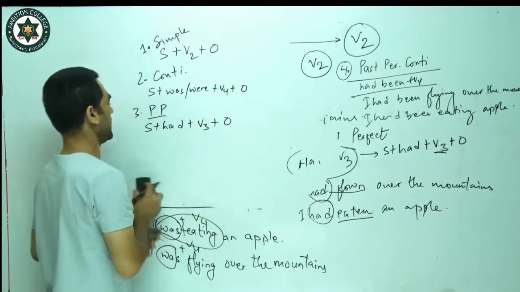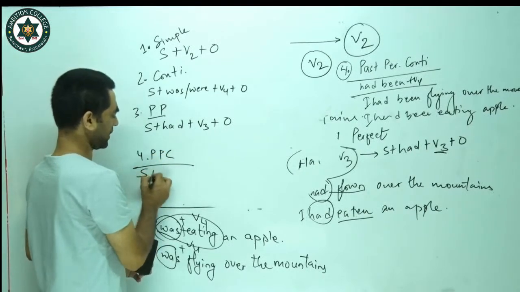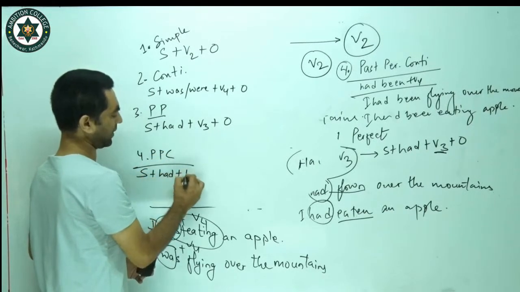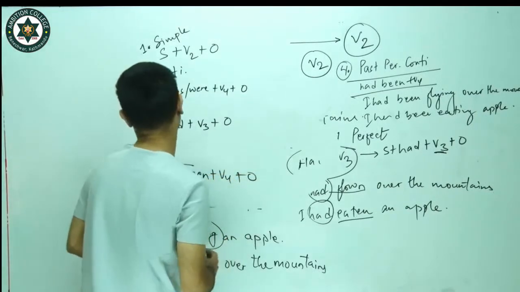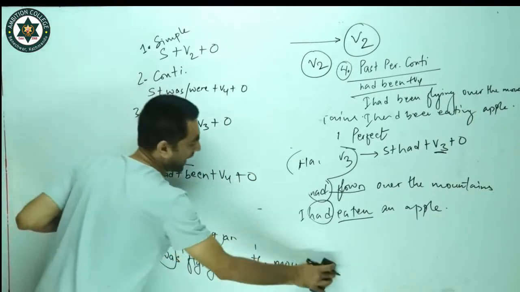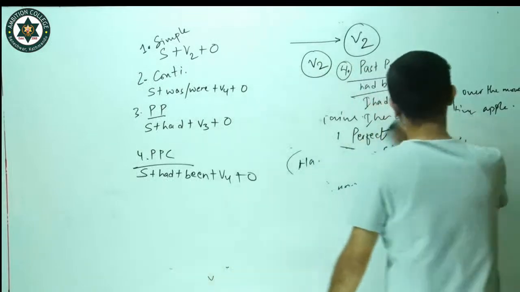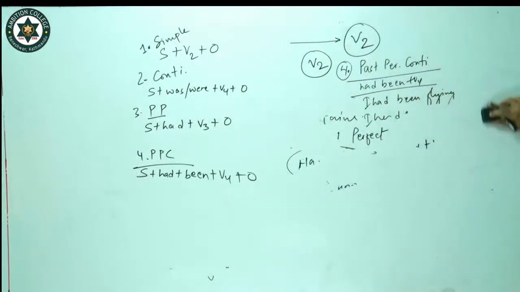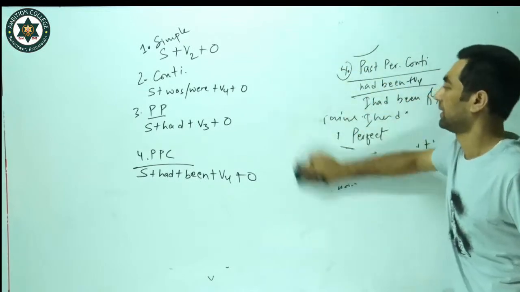And finally, for the past perfect continuous, we have subject plus had plus been plus V4 plus object. So this is how we have varying different syntaxes for different contexts of the past tense.